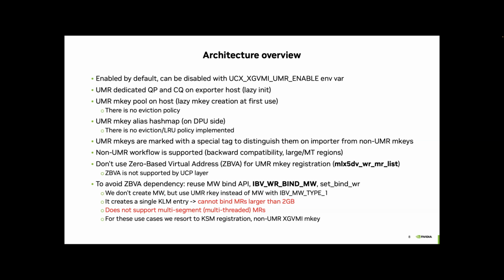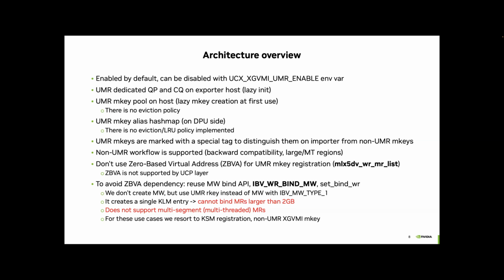We have a dedicated QP and completion queue on the exporter host side, and that's created on demand only when we actually need to export something on the host side. There is a UMR MK pool on the host side, and initially it's empty, so we lazily create those keys on demand on the first use.